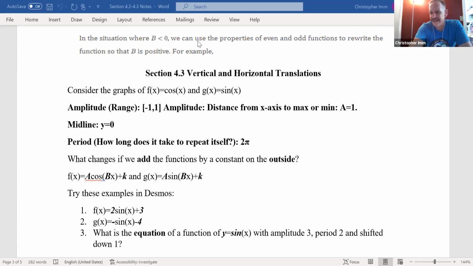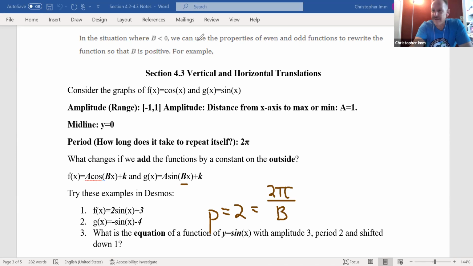So I'm still sharing my screen, right? Yeah, okay, thank you. So the period that I want is 2. But how do I find the period? It's going to be 2 pi over that b, which is multiplied by the x there. That's the inside multiplier.